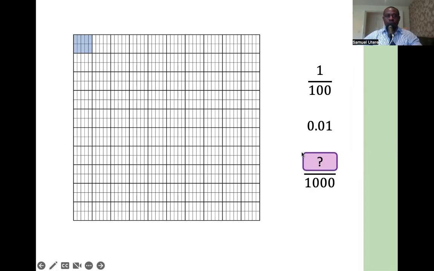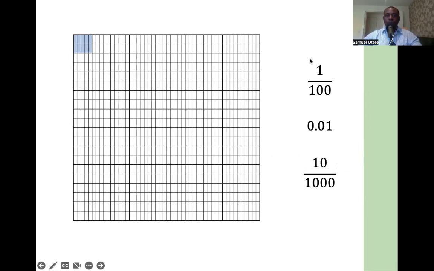Well, we know that this 1/100th is 0.01. But as a thousandth, when we split each of these squares into 10 squares, you will see that now we have 10 squares, but 10 squares of 100 lots of them will be 1,000. So this, which is 1/100th, is equivalent to 10/1,000ths.